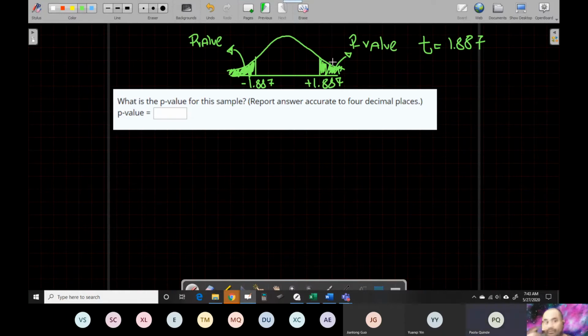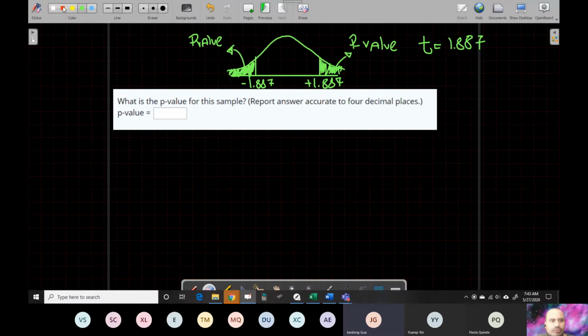Well, we have to use a calculator to find that area, right? This is like inverse of t. Inverse t. Why inverse? Because we don't know the area. Oh, actually, this is not the inverse because we have the value here, so we don't need that. Sorry. So let's scratch that.